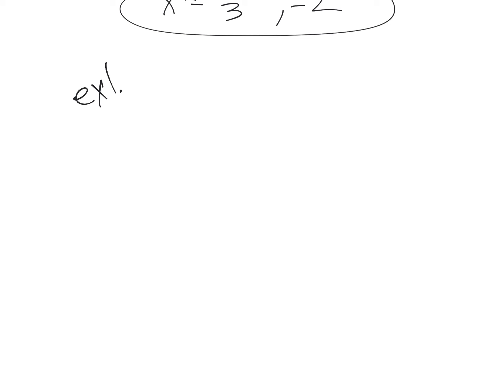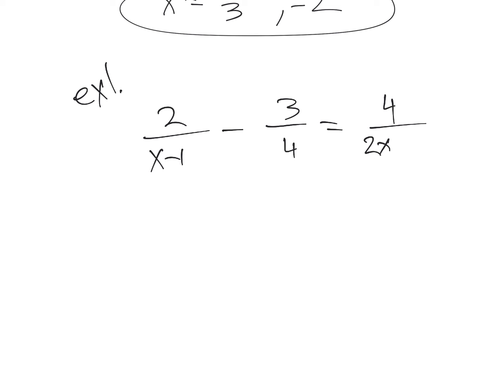I don't think so. Well, it's going to be like 27, okay? So how about we do 2 over x minus 1 minus 3 over 4 equals 4 over 2x plus 3.